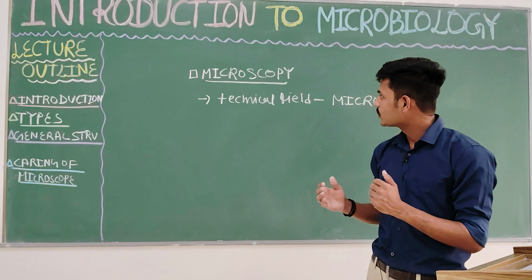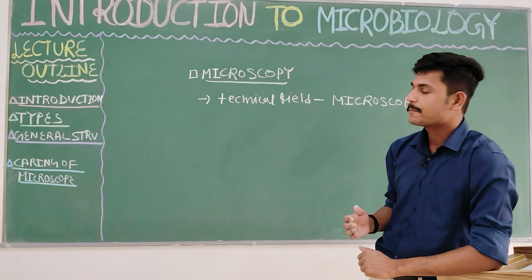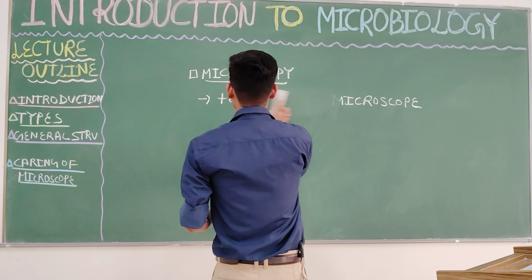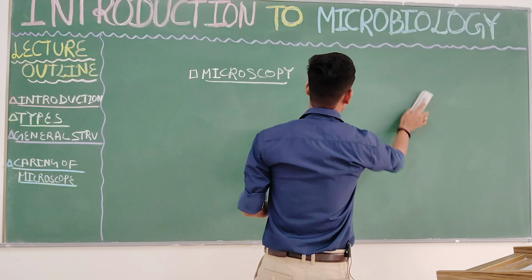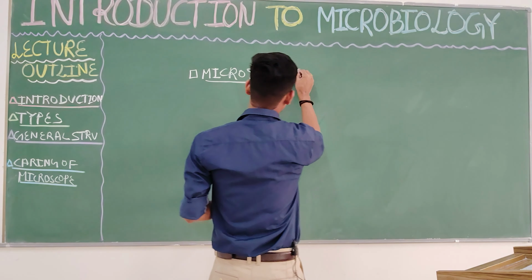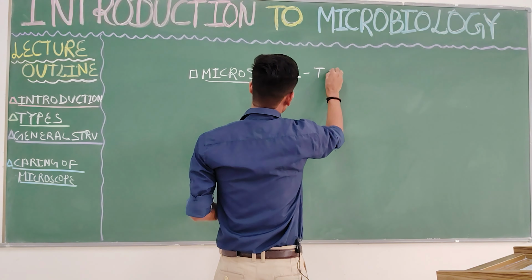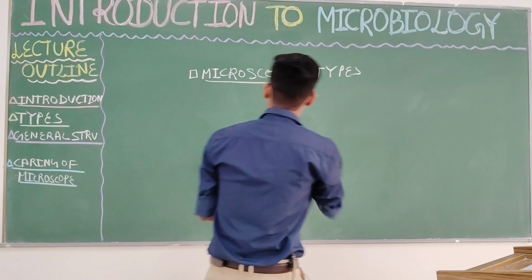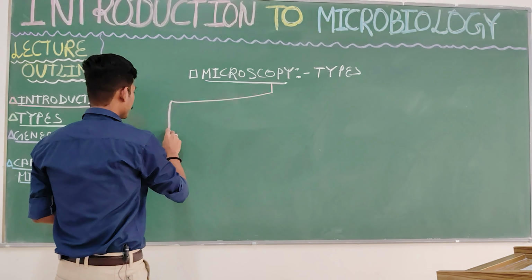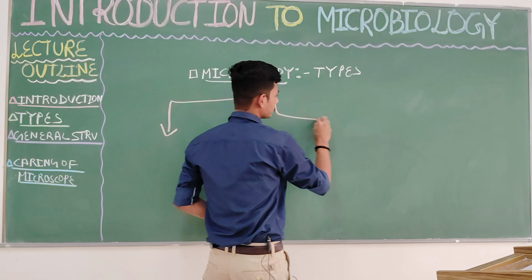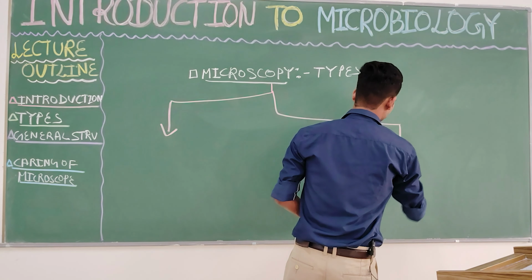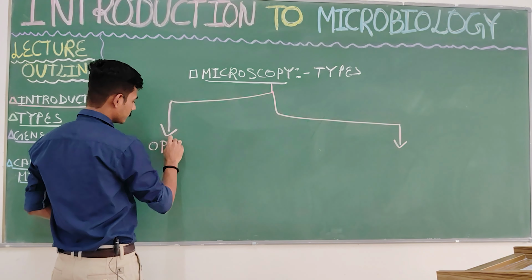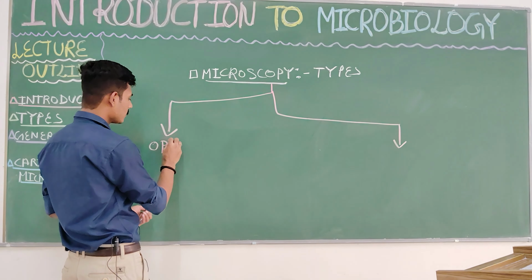So now let's deal with the first types of microscope. If we discuss the types of microscopes, then mainly they can be divided into two classes. One is called the optical microscope. Have you heard about these microscopes?